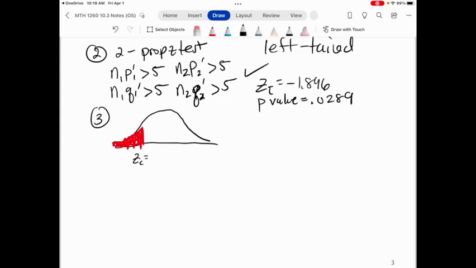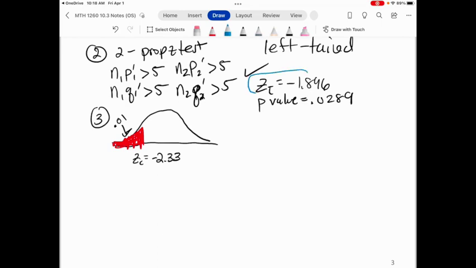So I'm going to use inverse norm to find my critical value, my cutoff point, so that this is 0.01. Right, our level of significance is 0.01. So I'm going to use the percentile 0.01 and I'm going to find my critical value. So my cutoff point for my z critical is going to be negative 2.33.